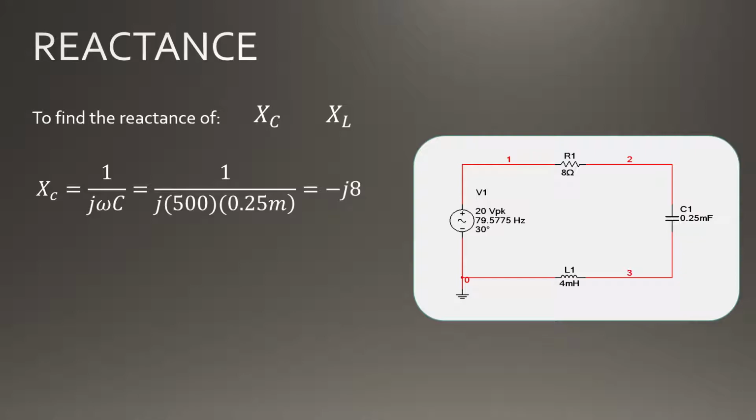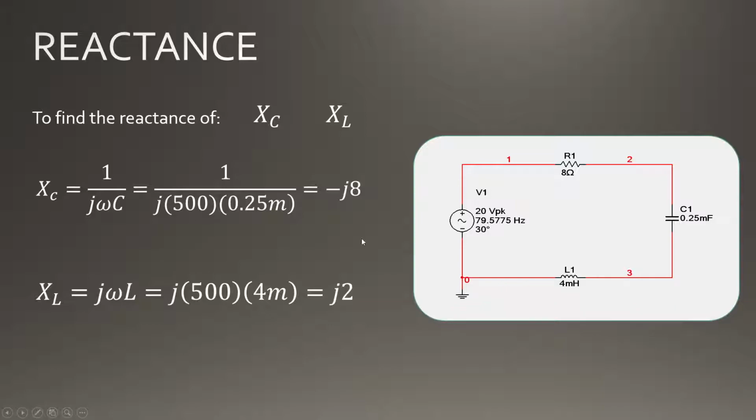For the inductor, there will be no negative sign. The reactance of an inductor is j omega L, so j 500 times 4 millihenry, and the value will become j2. So now we know the value of the resistor, the reactance of the capacitor, and the reactance of the inductor.